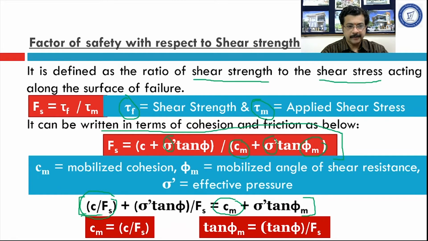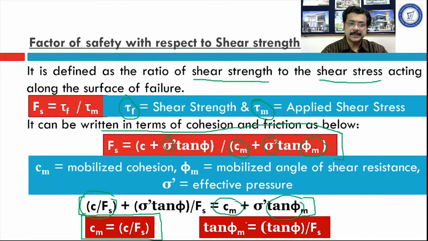So we get Cm equal to C upon Fs, as you can see on your slide. Similarly, comparing the second term of LHS with the second term of RHS, sigma dash gets cancelled. What remains is tan phi m, tan phi and Fs. Hence tan phi m is equal to tan phi upon Fs.